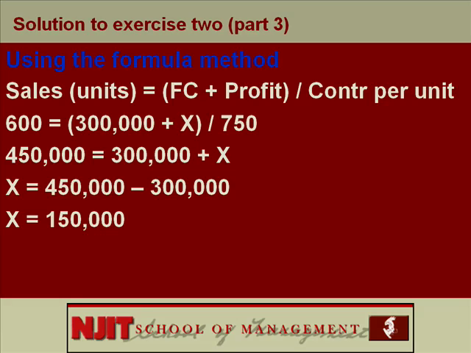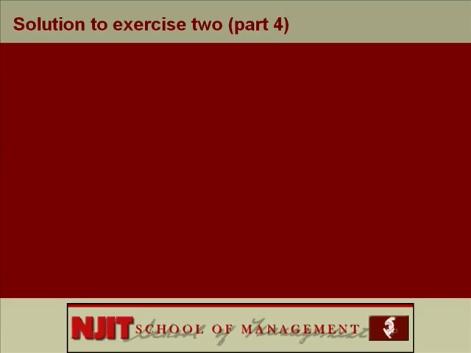Now, let's try part 4, that you got to evaluate a marketing strategy. I think you already tried it, so let me give you the solution. Let me do the equation method first.